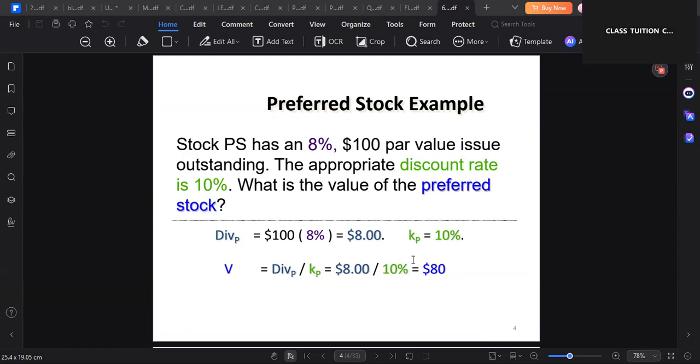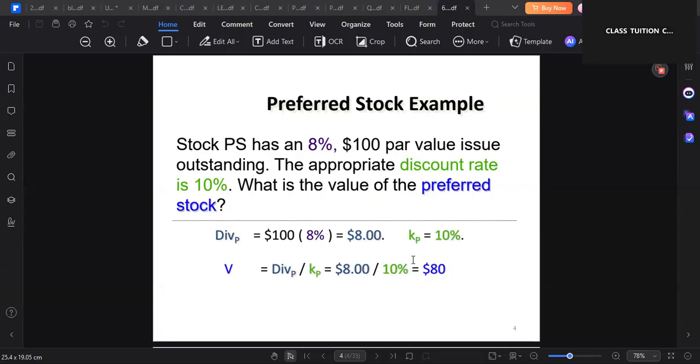That's the one we put on top there. Then our 10% we divide it, that's 0.10. So we're going to get 80. Therefore, even though the par value is $100, an investor would pay $80 today given 10% required return.